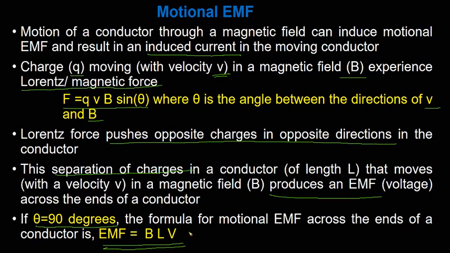That's not the purpose of this video, but we can now use this equation to calculate the voltage or the motional EMF produced in a moving conductor. So this is a neutral conductor which is moving inside a field B, and because it's moving, we just call it motional EMF.